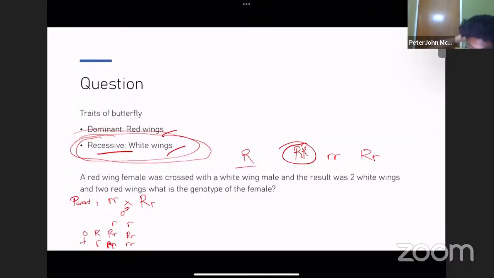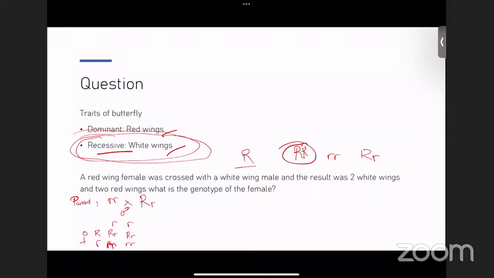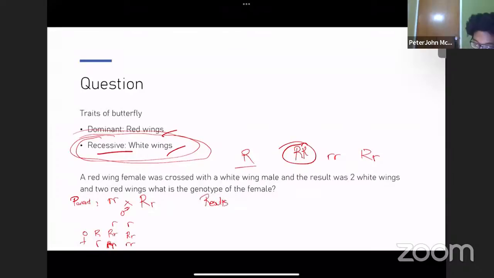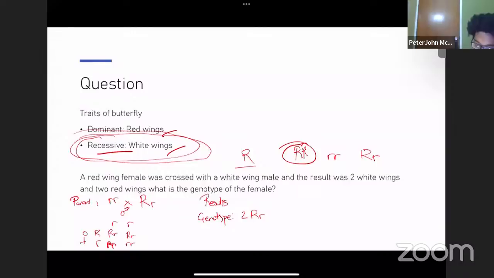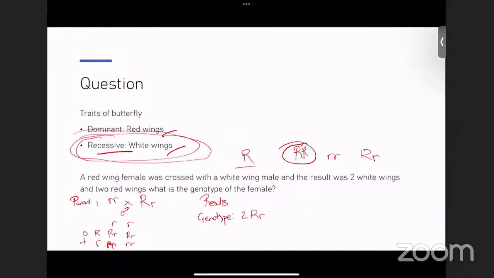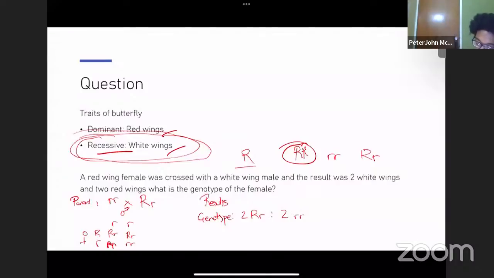So what's next? Results. What do we put for results? The genotype. What are our genotypes? Two big R, small r, and two homozygous recessive. Correct.